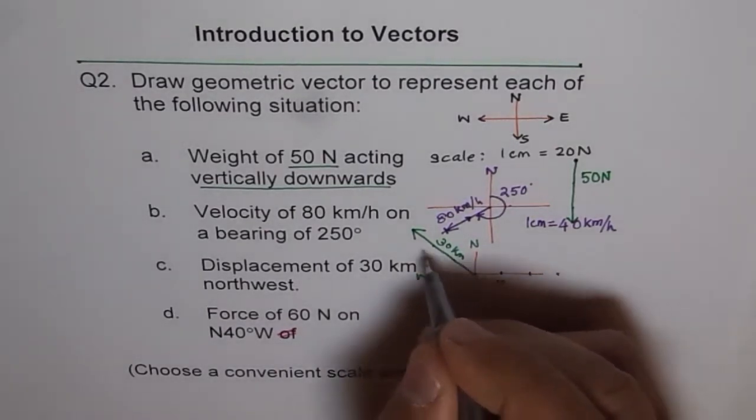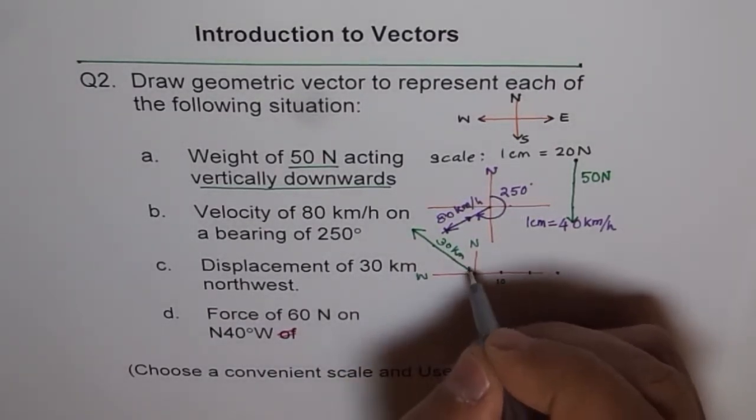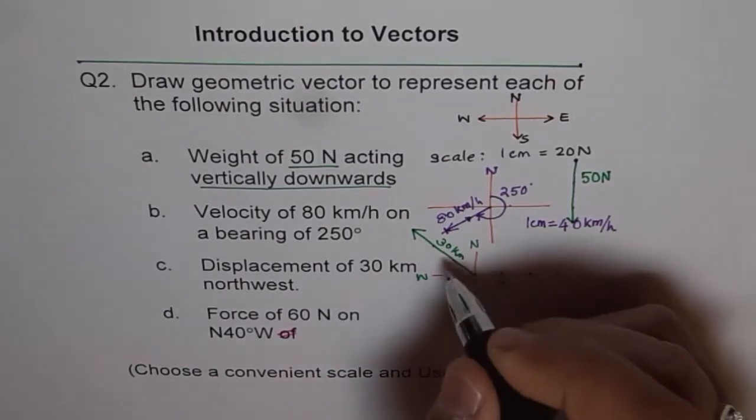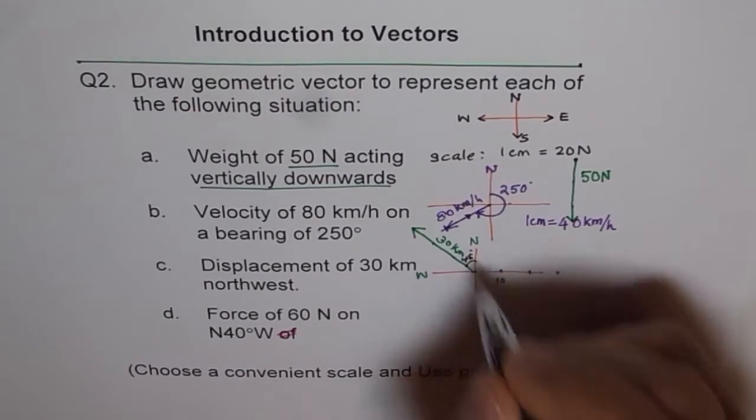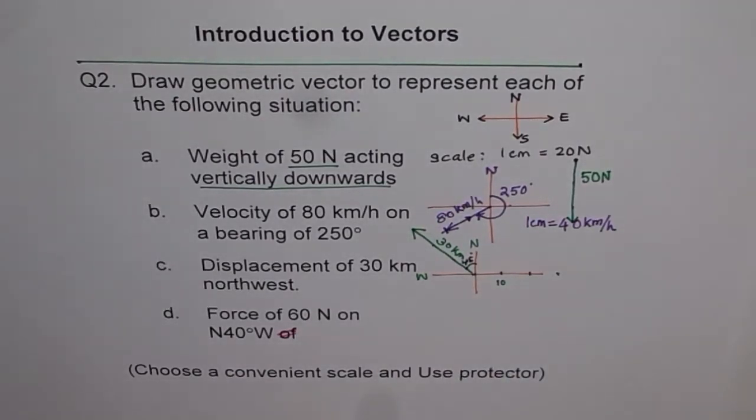And the direction is northwest. To be specific, we could write 45 degrees here, just to be specific that this is 45 degrees. That means northwest. Correct? So that's how we give displacement of 30 kilometers northwest. Important thing, as you see, is to mention scale, right?